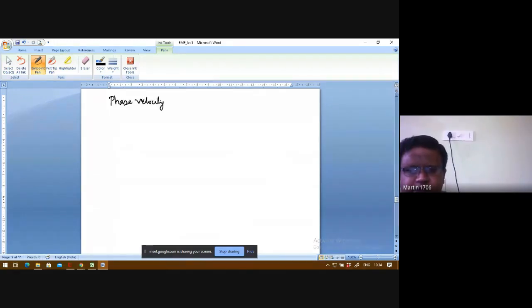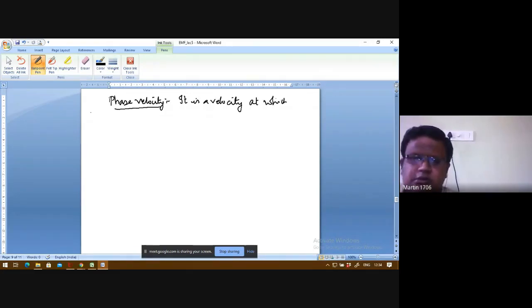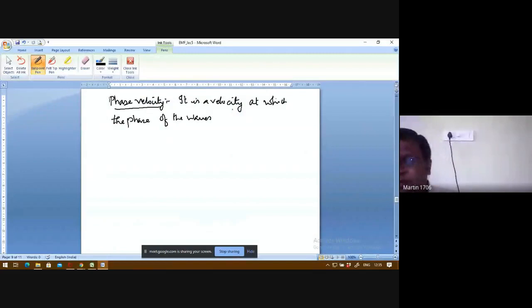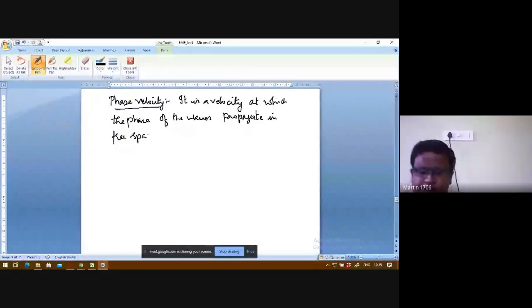Once again, I repeat: it is the velocity at which the phase of the wave propagates in free space.